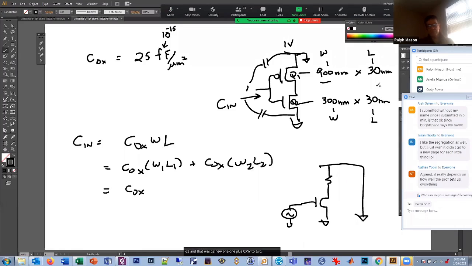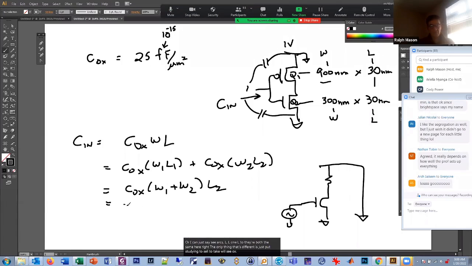L1 and L2 are both the same here, so the only difference is W1 plus W2 times L, which equals C aux, which we're told is 25 femtofarads per micron squared. And W1 plus W2 is 900 nanometers plus 300 nanometers, but I'm going to put those in micrometers because I want to multiply by micrometers.